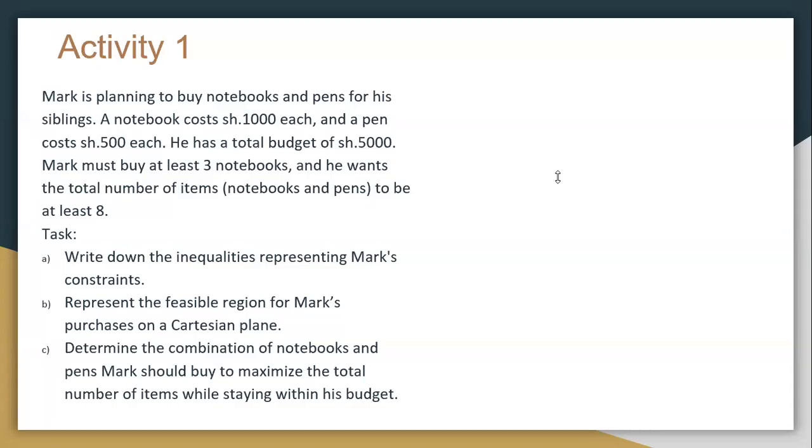Now, I told you the other day that always the first thing you have to do is define. Look through your question. Ask yourself, what are those 2 things that are changing? Those 2 things that are changing are what we are going to be letting as our variables. Then read through the question. The question will always give you the hint, what they want to maximize or to minimize.